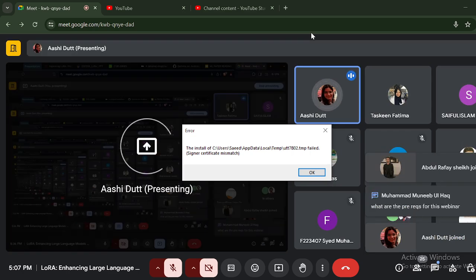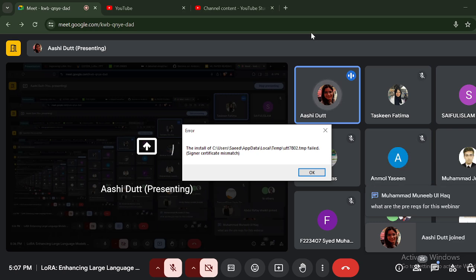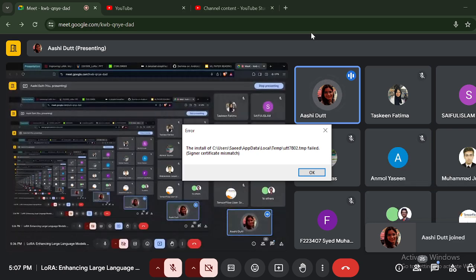Okay, so there are no pre-requirements for this event. Though if you have read the paper on LoRA, low rank adaptation for large language models, it is good. If you have not, I'll take you through it.